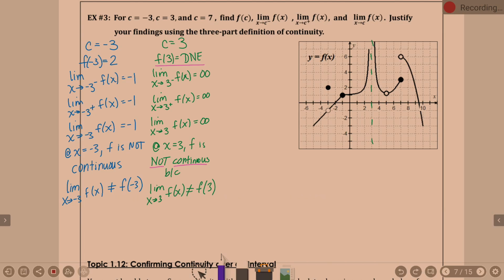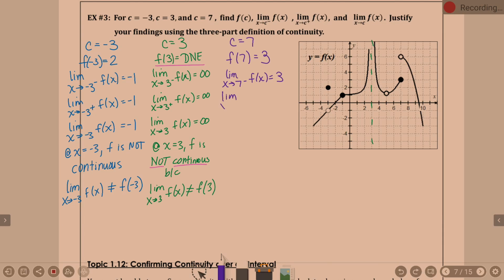Okay, what's our final point? 7. What is f of 7? F of 7 is 3. Because that's the point. What is the limit as x approaches 7 from the left? Coming from the left, it's approaching 3.